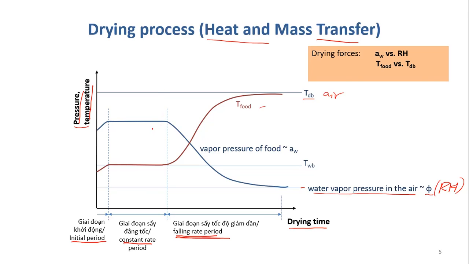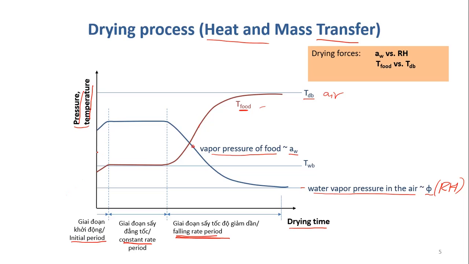We have two other lines. This one is the temperature of the food, and this curve is the vapor pressure of the food. This is also more or less like the water activity of the food. Vapor pressure of food indicates how easily the water can evaporate into vapor and then give a pressure.